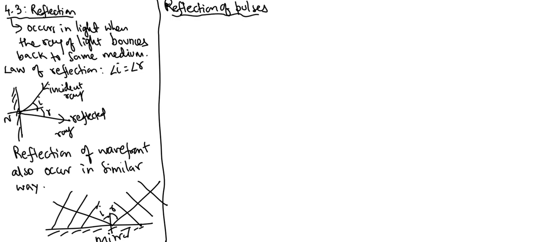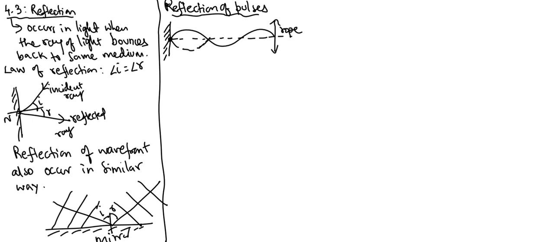It simply means that if I have a fixed rope, and I vibrate the rope up and down so that it generates a wave which goes and strikes here at the fixed junction, then according to Newton's third law, every action has an equal and opposite reaction, and because the rope is tied here, it will simply come back.